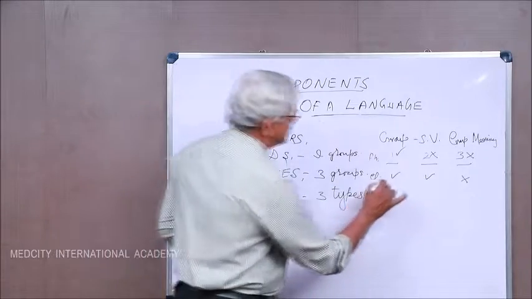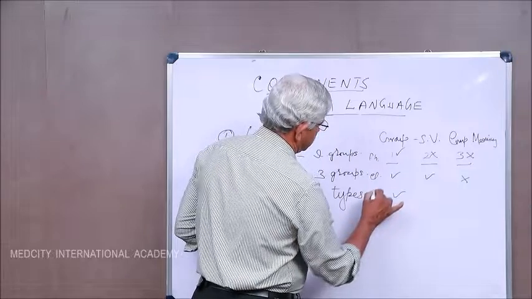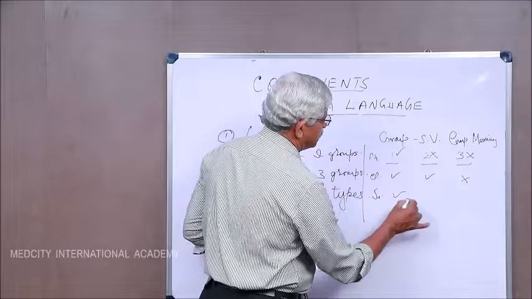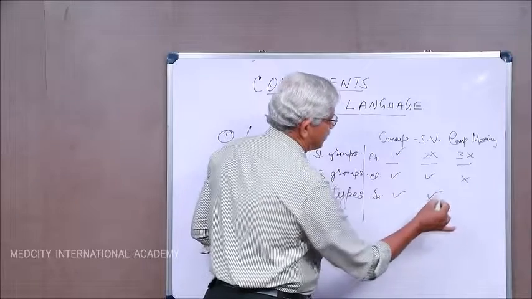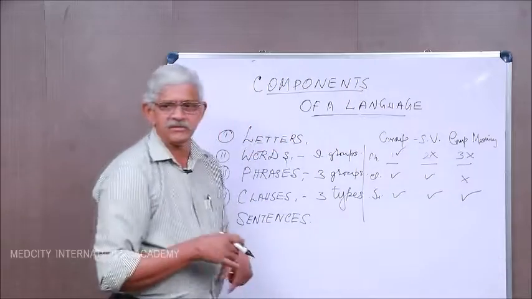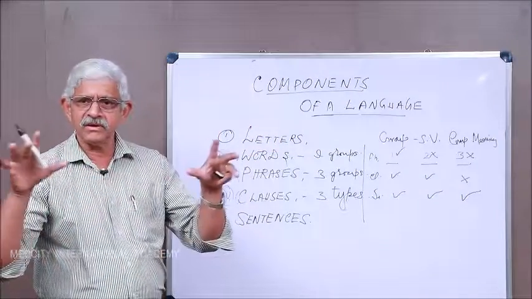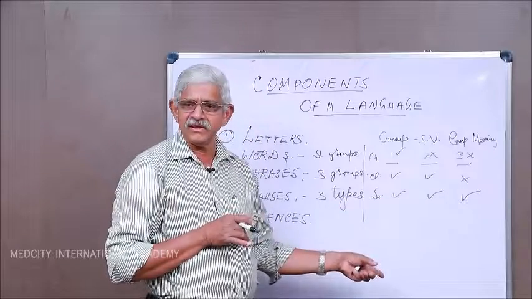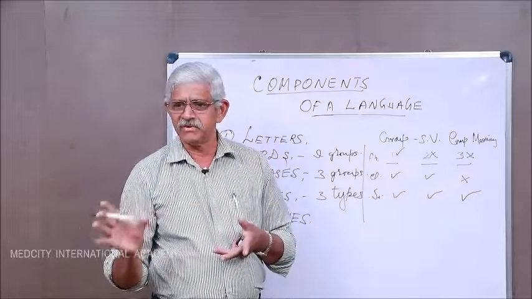Now let us take the last component, a sentence. A sentence is a group of words. It has a subject and verb, and it gives complete meaning. All the 3 conditions are fulfilled in the last and final component of a language. You understand?